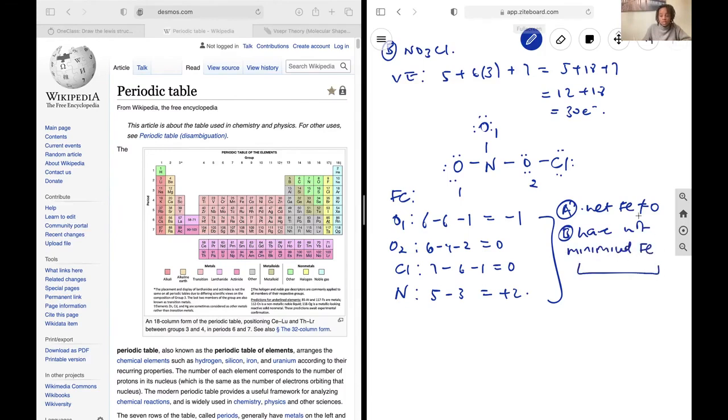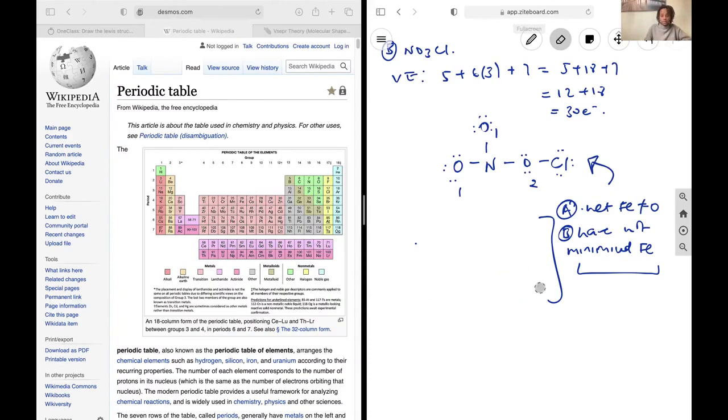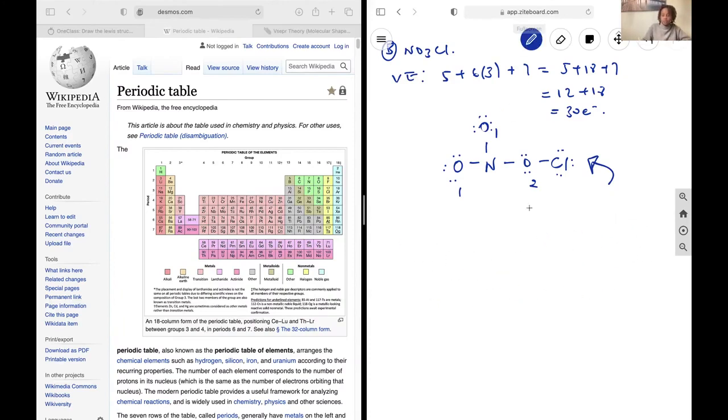This is usually an indication that you need to go back to the drawing board and adjust it with double bonds, or remove any double bonds and replace them with lone pairs. And so let's go about doing that. We found that this oxygen and this chlorine are already happy with their formal charges, so it makes the most sense to not change them with any double bonds, because that would mess up the formal charge even more.